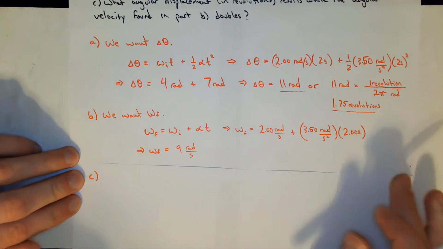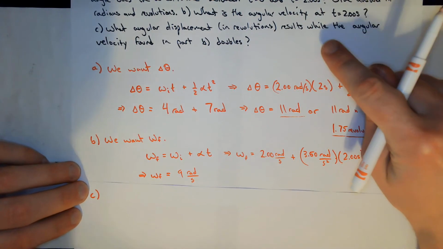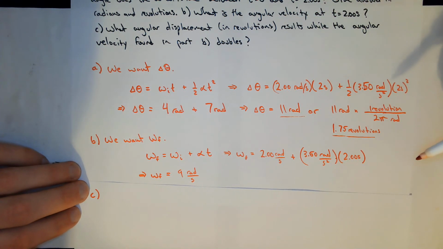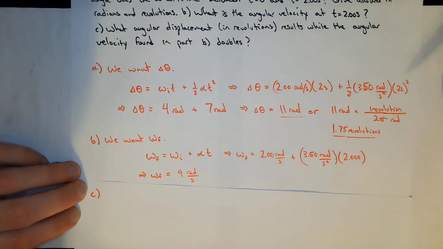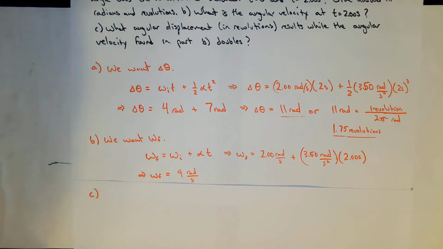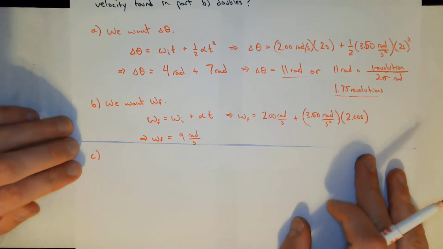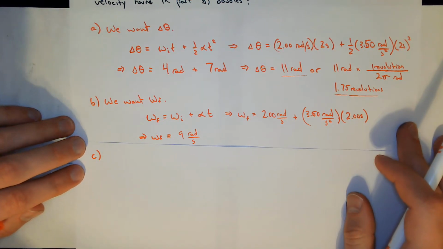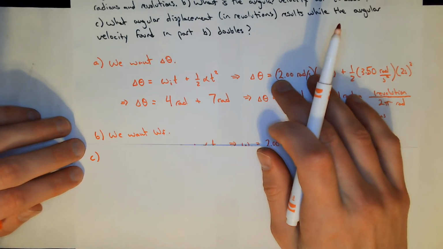Now part C: what angular displacement in revolutions results while the angular velocity found in part B doubles? So what they're telling us is that time has passed and the omega has gone, after the 2 seconds, from 9 radians per second to 18 radians per second.